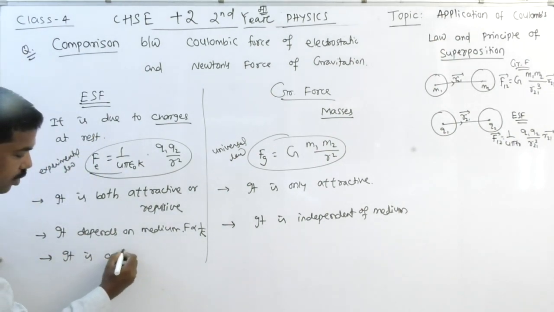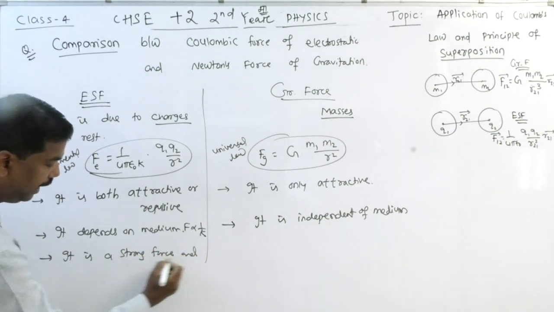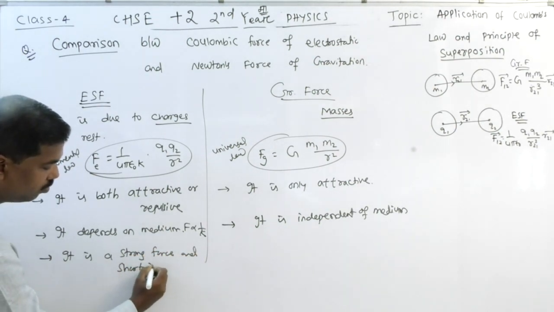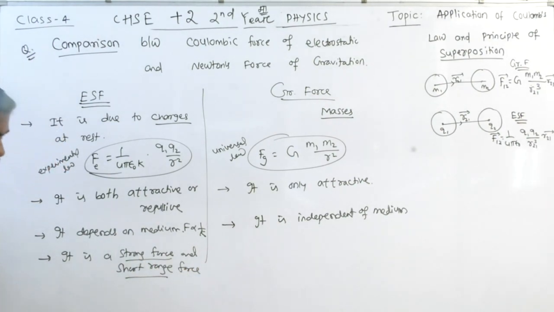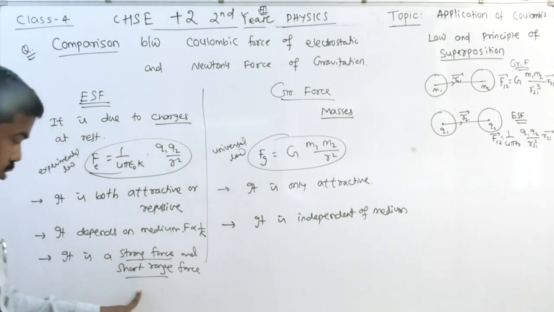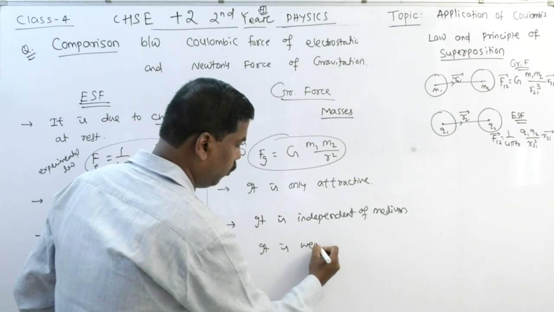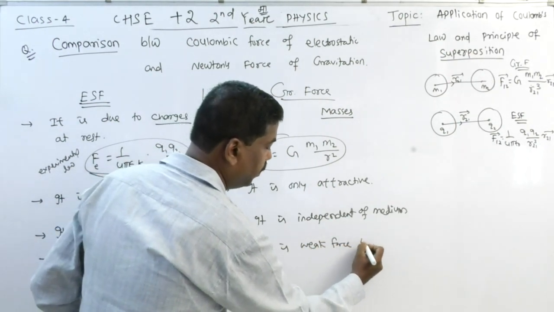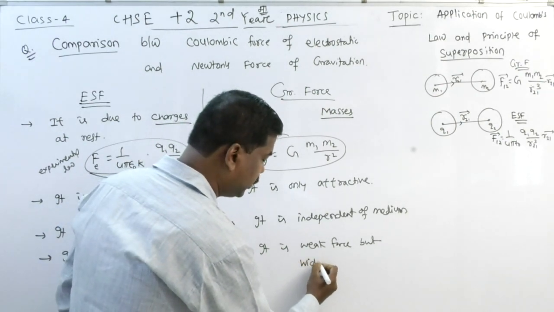The electrostatic force is a strong force and short range force. Very, very important. It is a strong force but short range force. The gravitational force is a weak force, but wide range force.